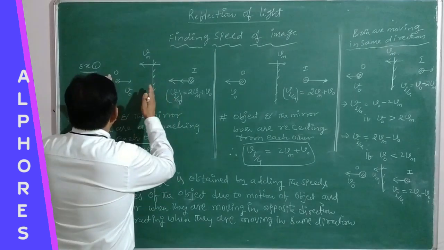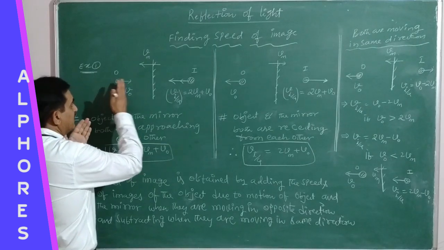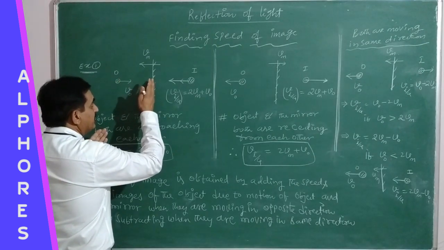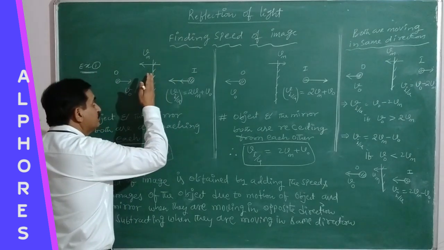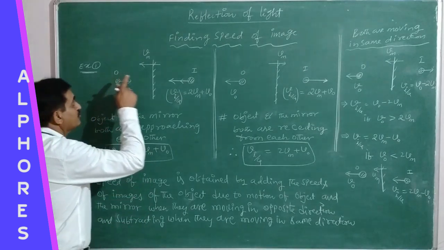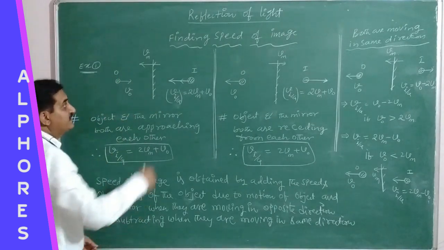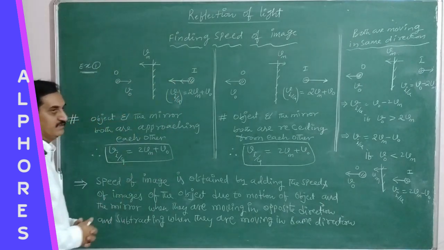So here, when the mirror is approaching the object, due to motion of the plane mirror, its corresponding image will also approach the plane mirror. And the object is approaching the plane mirror, so its corresponding image will also approach the plane mirror.